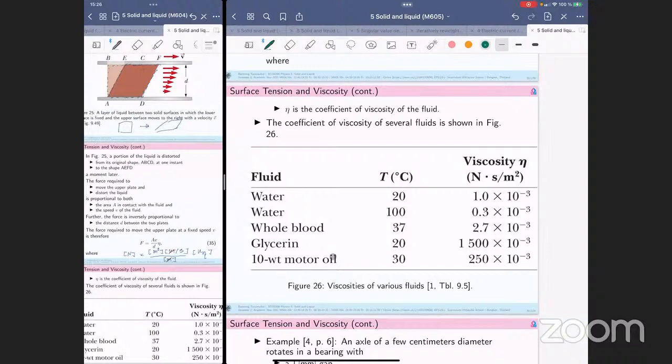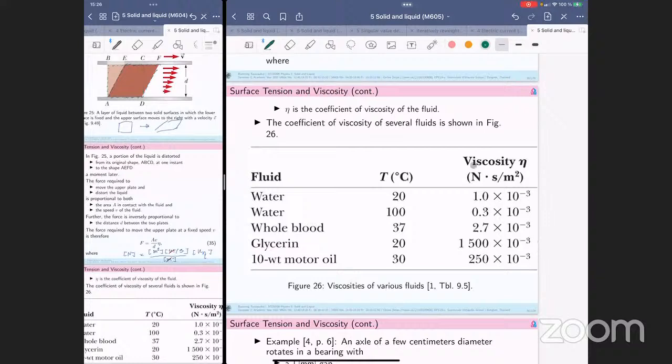When the engine is worn, we cannot use the engine at all. So motor oil is the substance that tries to protect the engine from wear. Those are four or five examples of fluids that we could find in reality.